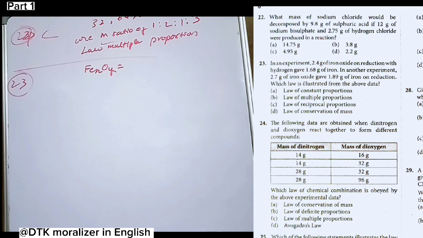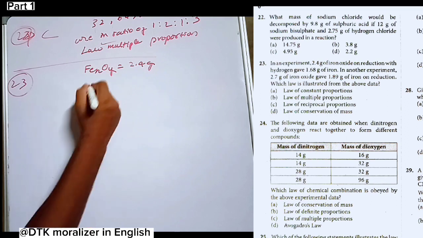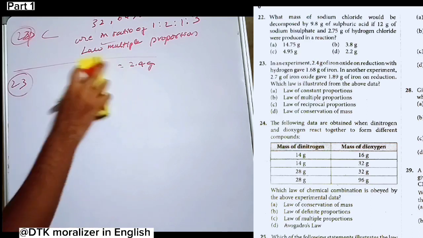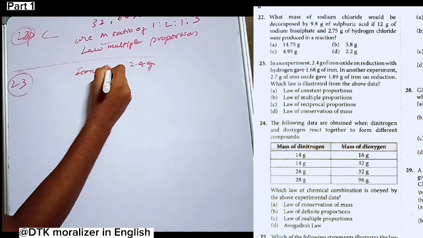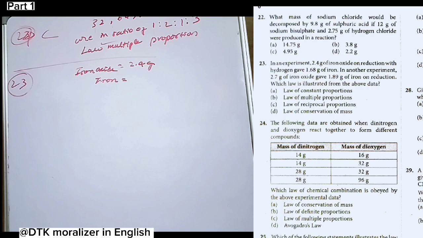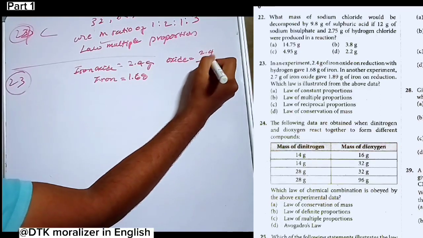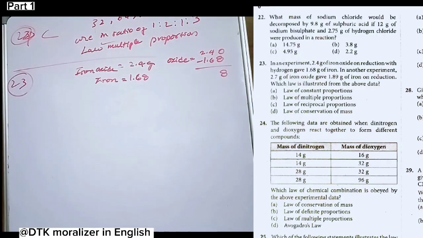Here, iron oxide and iron data is given. As you can see, when you subtract the iron mass from the iron oxide mass, you will get the oxygen mass.